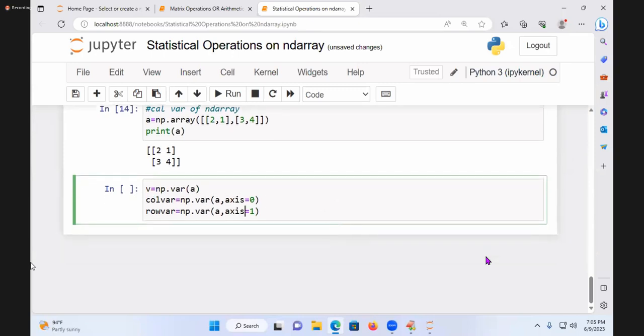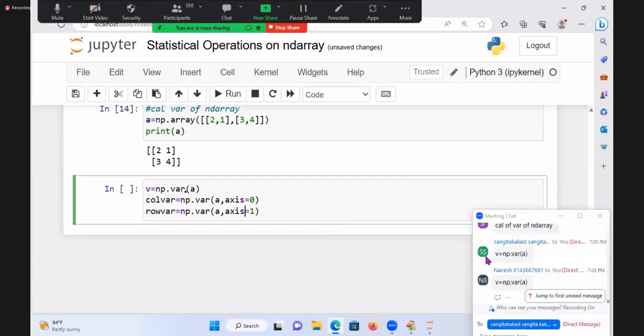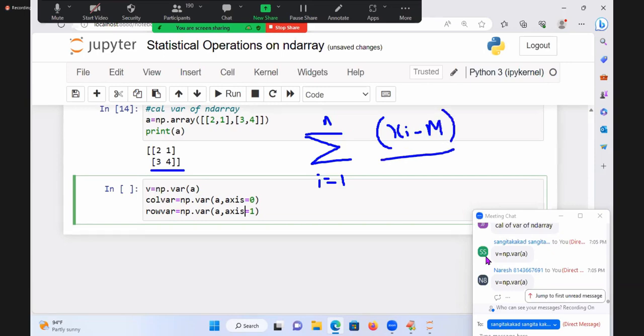Getting me? Now, students, when you want to calculate the variance, there is one formula. Sigma, i is equal to 1 to N, Xi minus M, by number of elements. What is this xi, sir?